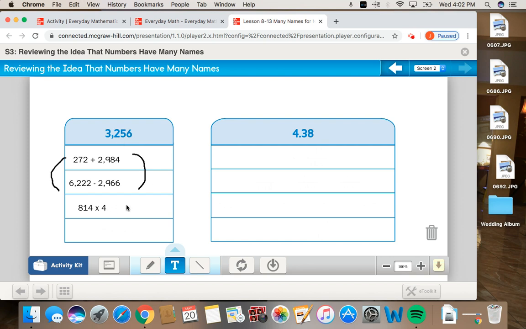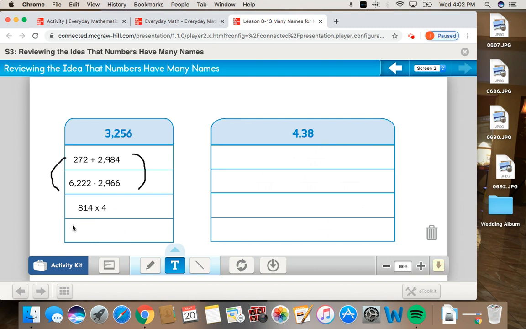Do you know how I know that? Because I divided 3,256. I decided to divide it by 4. And this is what I got because I know that I can check a division problem by multiplying.